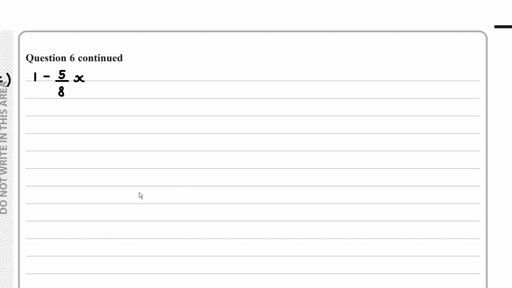So, we have 1 subtract 5 over 8x equals 17 over 16. And what we need to do is find out what x is.